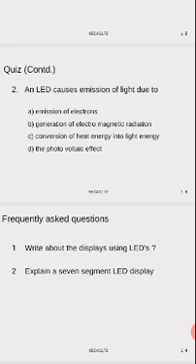Then energy is radiated, or emitted, in the form of light. It is a general phenomenon which occurs in an atom. The same principle is used here to emit the light.